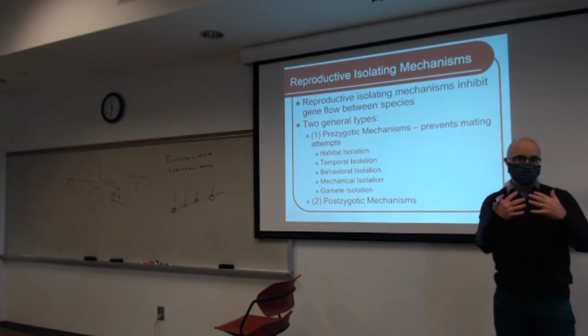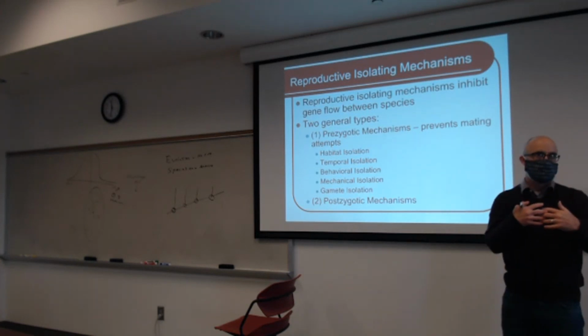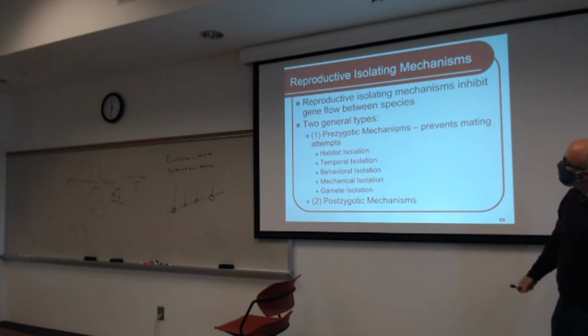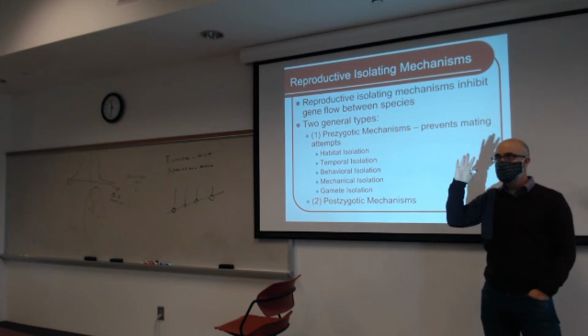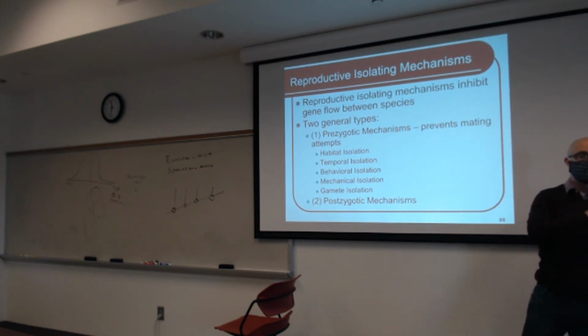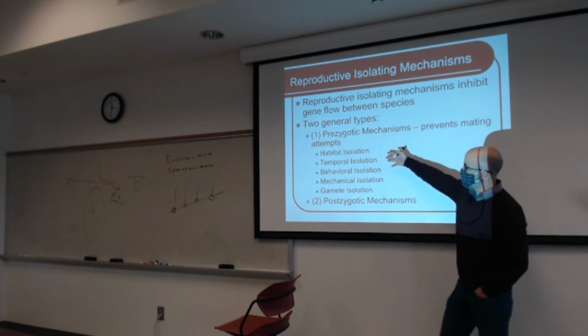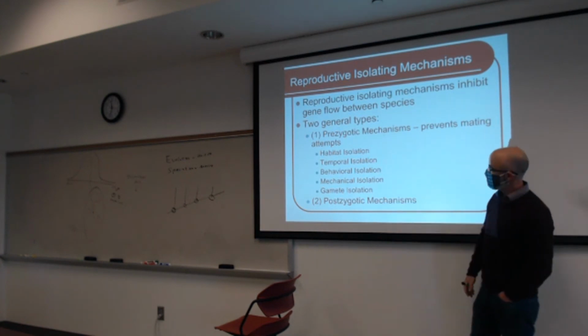Okay, they're not sharing genes, so therefore their morphologies are different. Okay, so here are the types of things that keep species separate. Why do green frogs and bullfrogs not breed together? Well, these are some of the things that keep them separate.